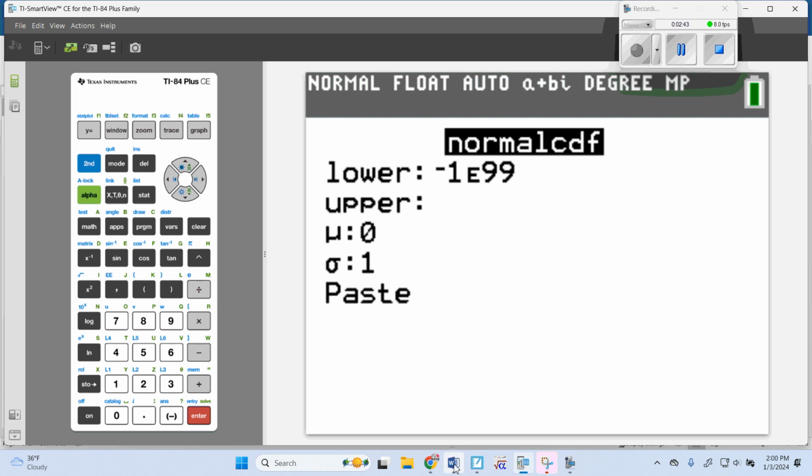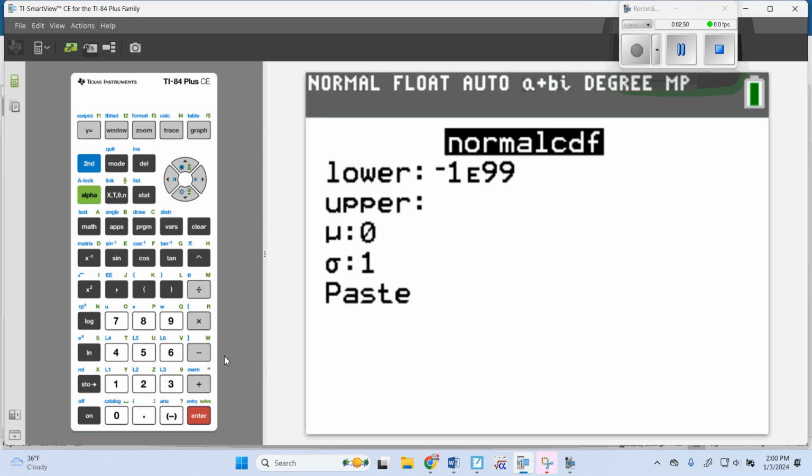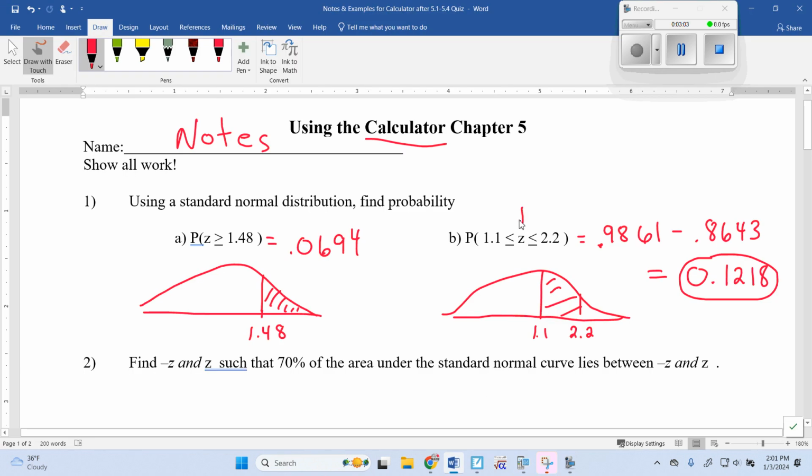If we look at our original problem, we want 1.1 to 2.2. So our lower is 1.1, our upper is 2.2, and for our mean, we're standard normal, we're with a z. These variables are really important.